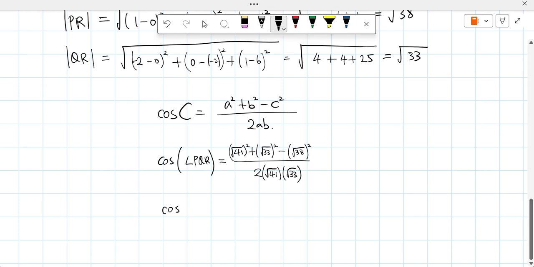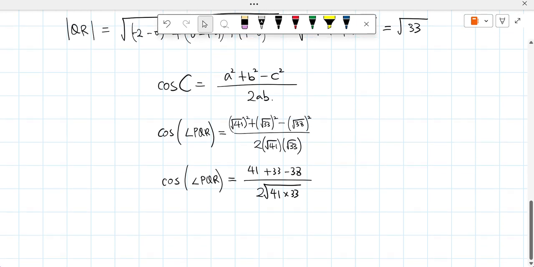The numerators are quite easy, so let's just fix that quickly. Square root of 41 squared is just 41. That's going to be 41 plus 33 minus 38. And 41 plus 33 minus 38 would be 36.